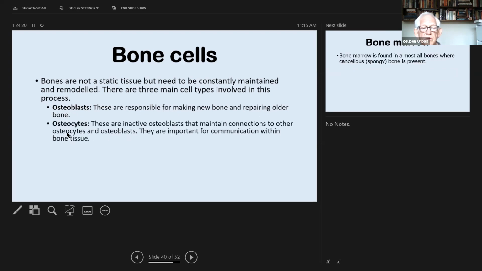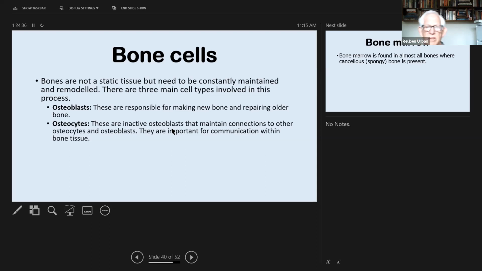The osteocytes, they're inactive osteoblasts, so they're being constantly made, and after a while the osteoblasts stop their function and they get broken down.